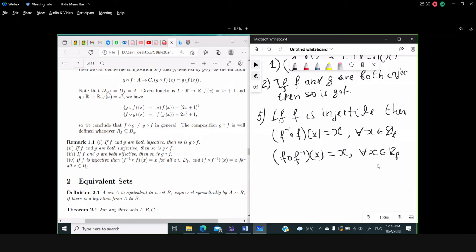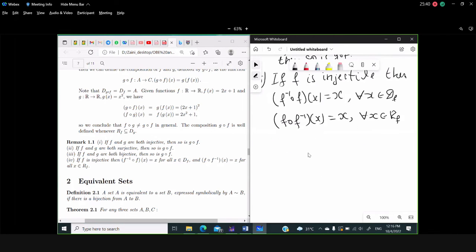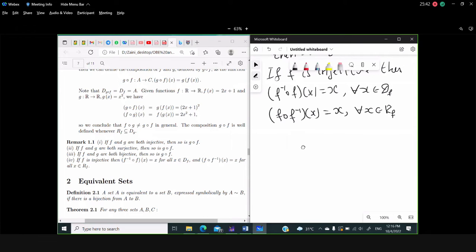Can I give one example? I just want to confirm with an example. For the inverse function to exist, it must be an injective function.